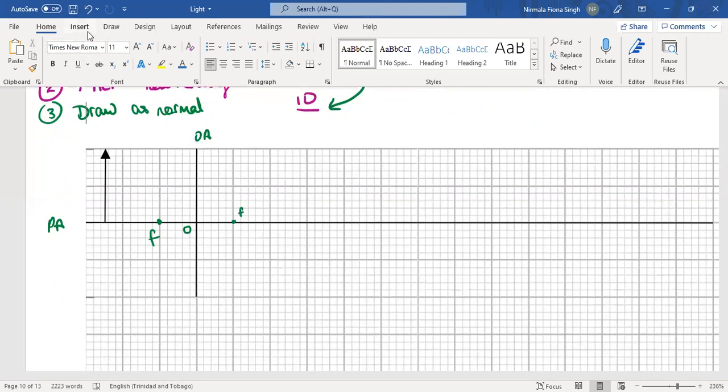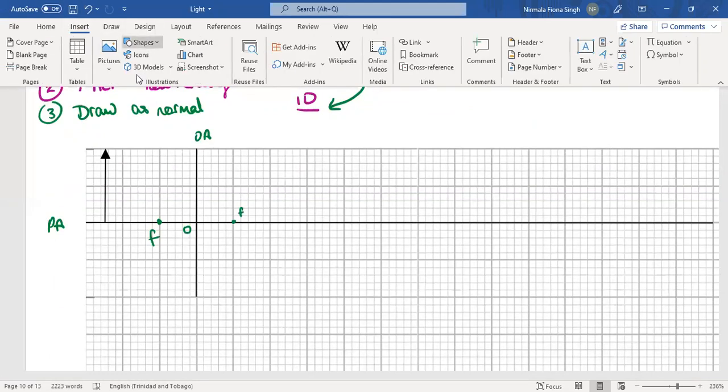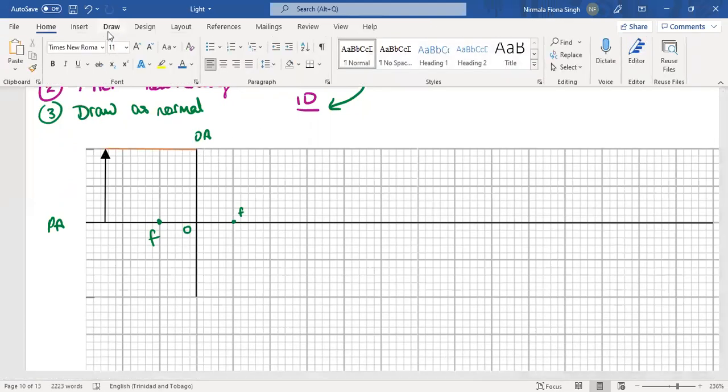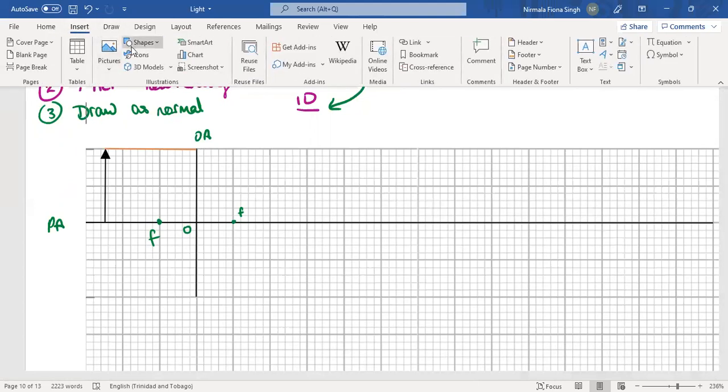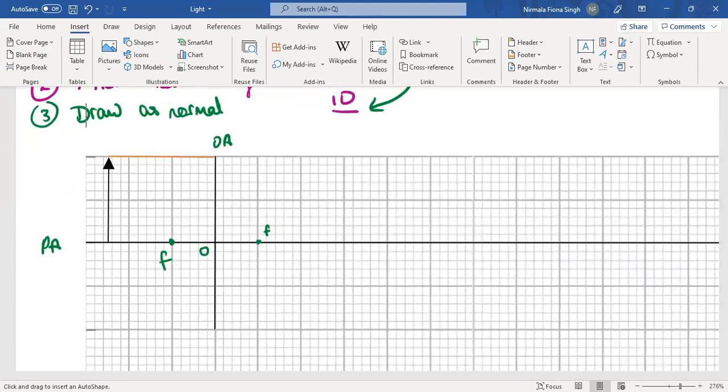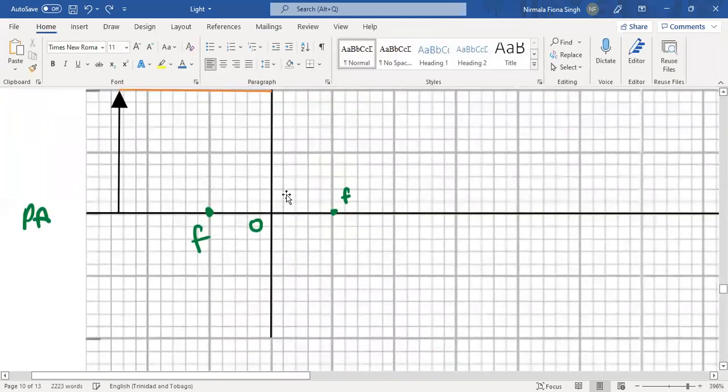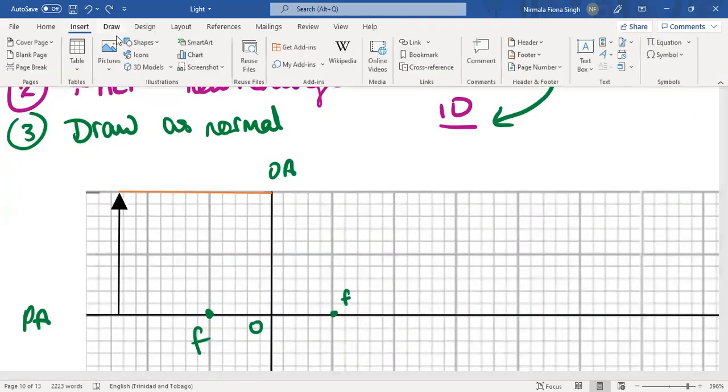So let's do our first line. Our first line is we draw from the top of our object, the very tippy top of our object, to our lens. All right, so that's the first part of that line. And then we have to draw from the very top here through our principal focus.